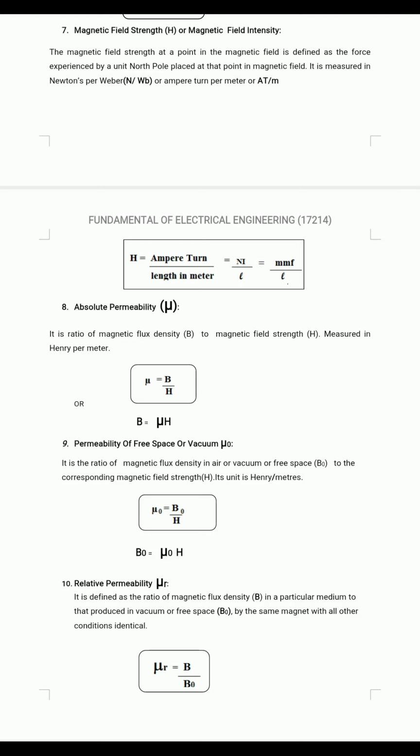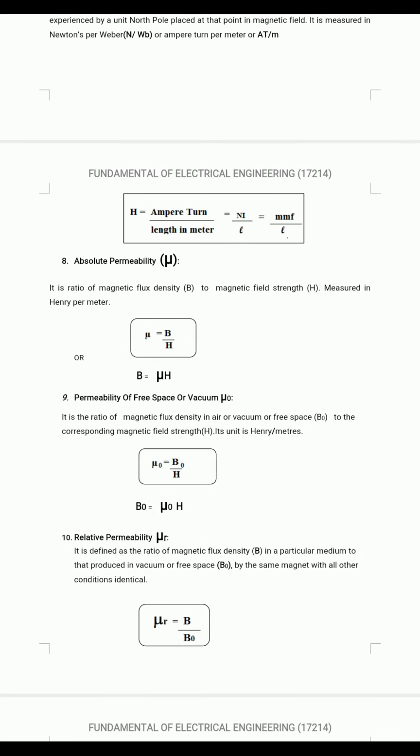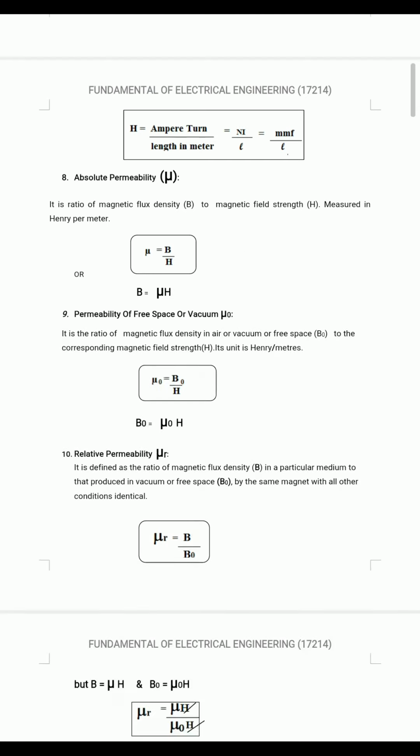For the same magnet we have to take the values of B and B0: how much magnetic flux density is there in a particular medium and how much in a vacuum. So relative permeability is mu r, the ratio of B in a particular medium to B0 in free space.